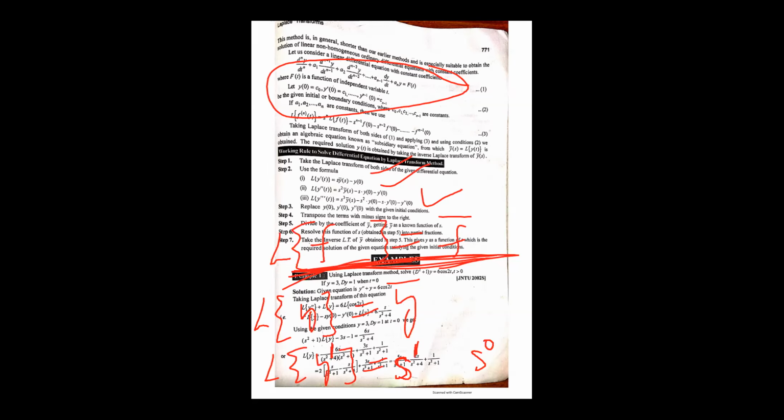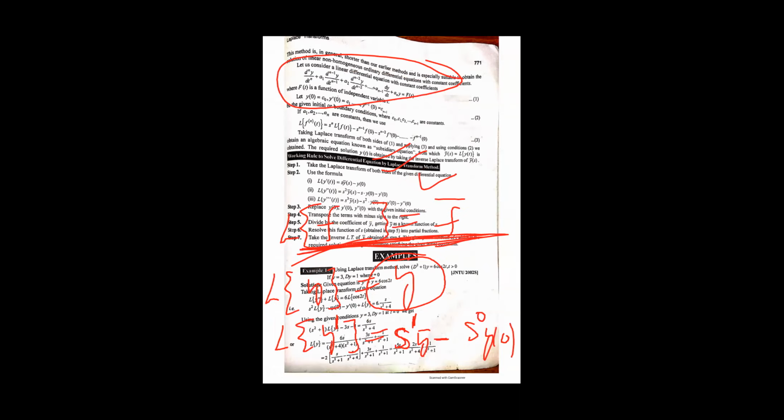Next, decreasing the power: first s power 1, second s power 0. The first element's sign is always positive, and the remaining signs are negative. So this is the minus. The first function is L of y equals y bar, here also y bar, minus s power 0 into y of 0. The second term is y of 0.